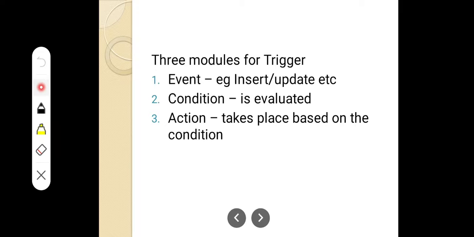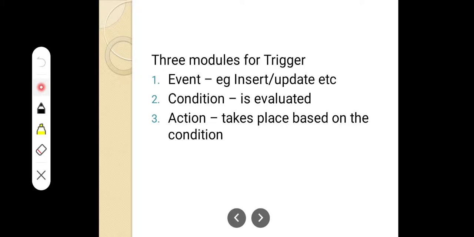So these are the three modules for trigger. These are the three actions or events or modules that we are going to see in a trigger. First one is event, second one is condition, third one is action. Okay, so first we give an event, that is if an event occurs.